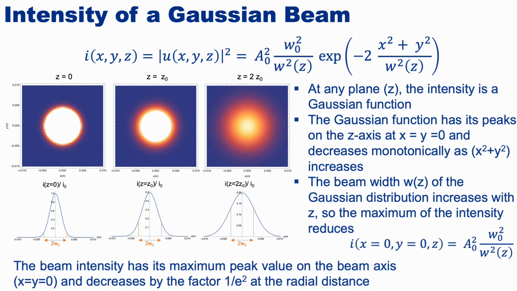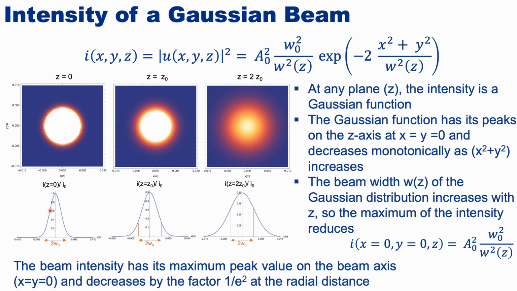So the Gaussian beams have a radial distribution that we went over before, and it's the absolute square modulus of the complex intensity. So all the phase goes away, and the only thing that we have here is the original intensity of the Gaussian beam, the decay due to how the beam width increases, and then some variations along the x and y axes. For every z-plane, we have a Gaussian function.